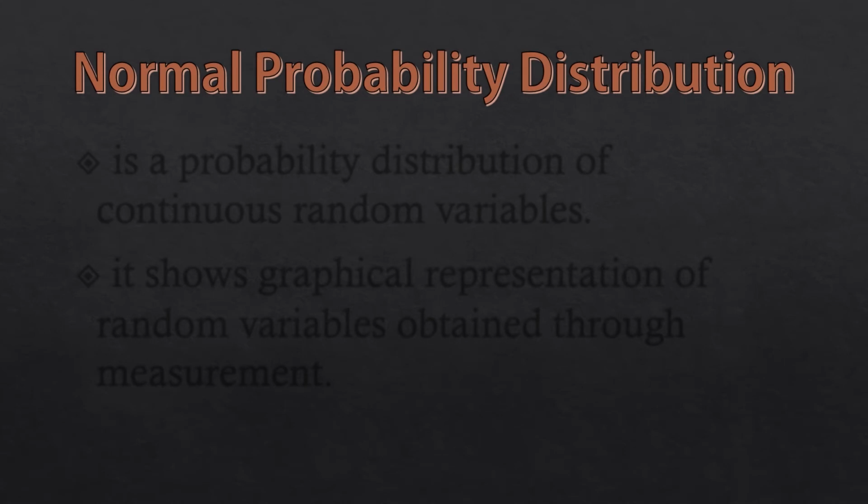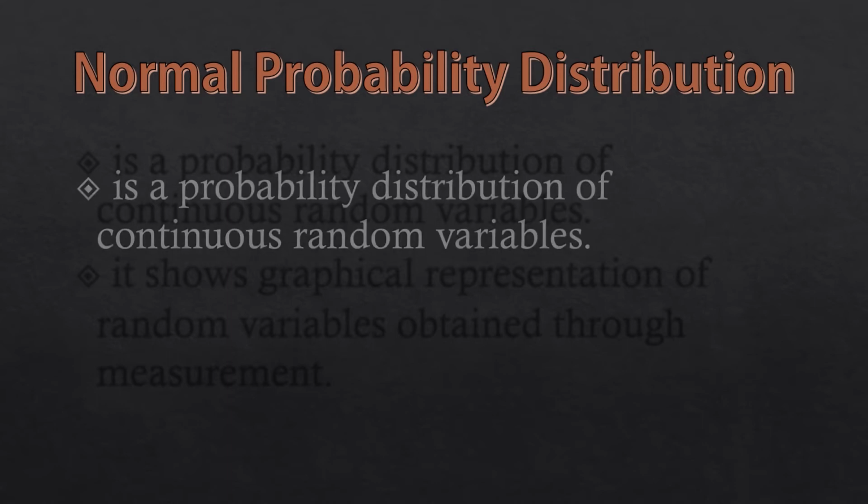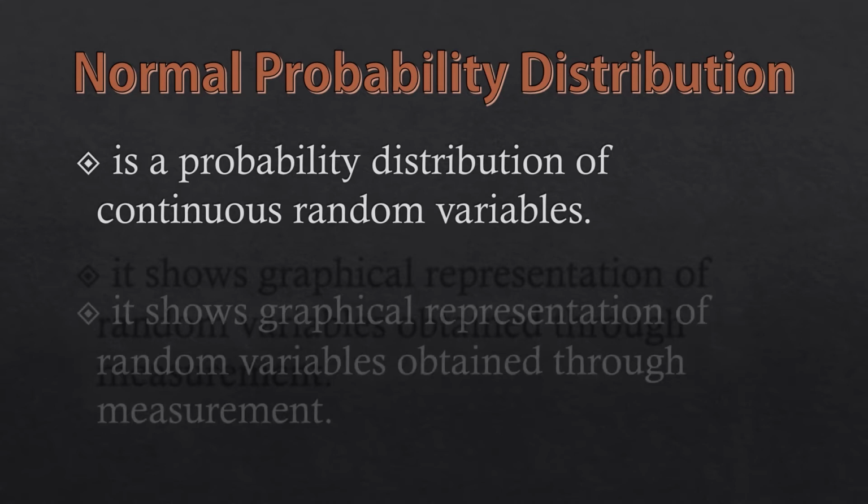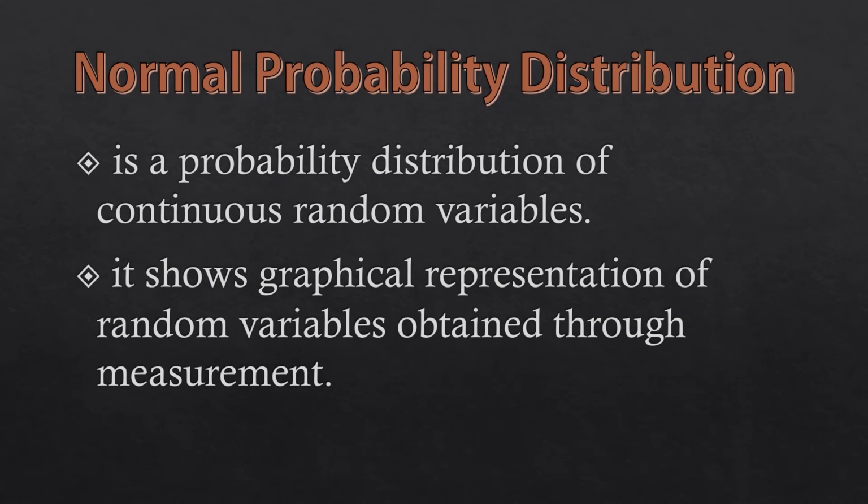First, let us define what we mean by normal probability distribution. It is a probability distribution of, again, the continuous random variables. It shows the graphical representation of the random variables obtained through measurement. We already classified the two kinds of random variables, which are discrete and continuous.